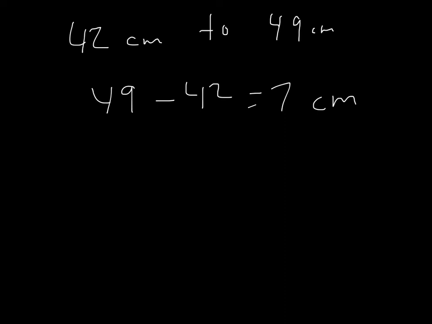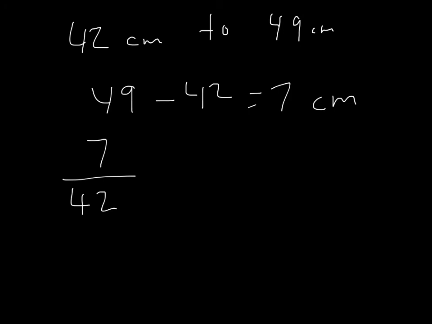If I asked you to find a percentage on your test, could you do it? What would you do? Top divided by bottom times 100. You're going to do the exact same thing here. The amount it grew out of the original height times 100. So, 7 is what it grew out of the original. What's the original height? 42. This will be the thing that mixes people up, what number do I put on the bottom?